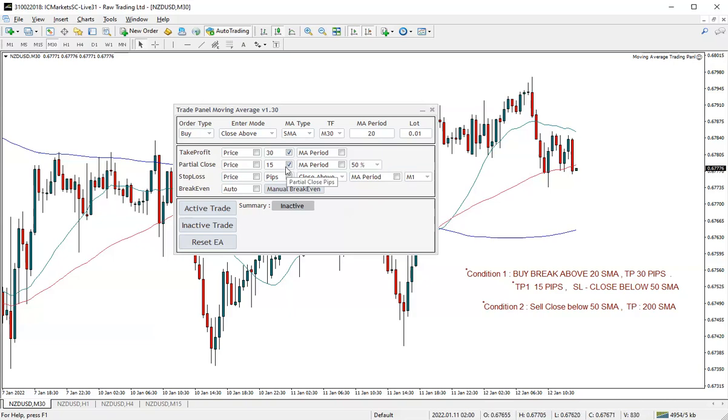when TP1 is hit. Now stop loss, I said we want 50 moving average stop loss. So you can either set price, how many pips of stop loss you want, or let's say I want to use 50 moving average stop loss. So I'll set close below 50 moving average, and here I have to choose time frame also, 50 moving average in 30 minutes.